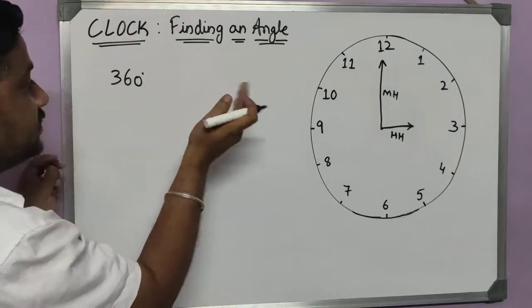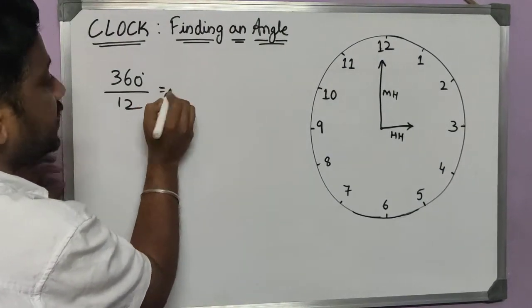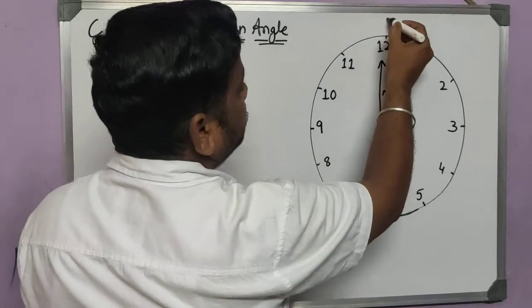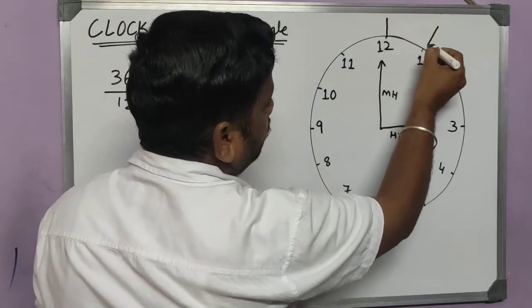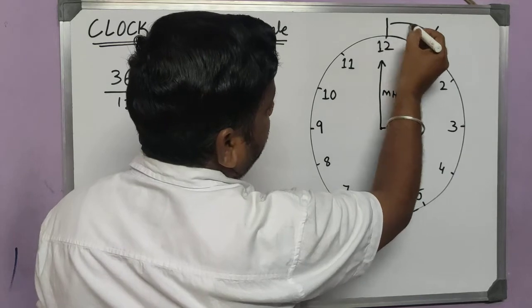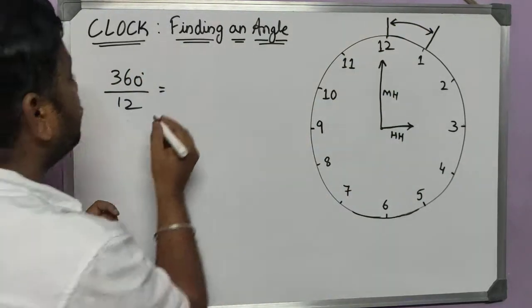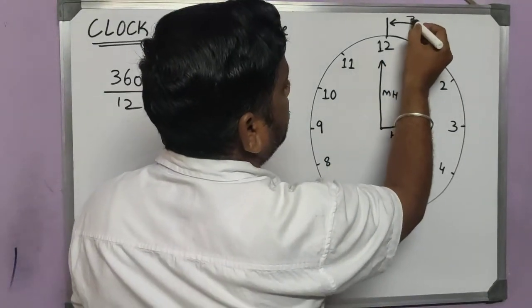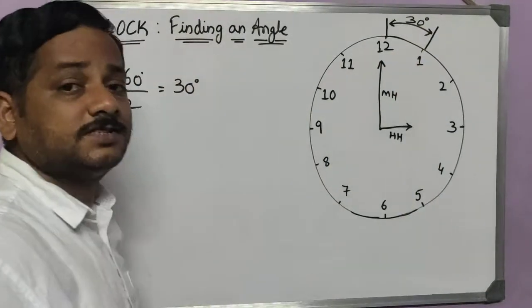So when I divide 360 by 12, we get the angle of each sector, that is, the angle from 12 to 1. 360 by 12 is 30 degrees. Each sector is going to have an angle of 30 degrees.